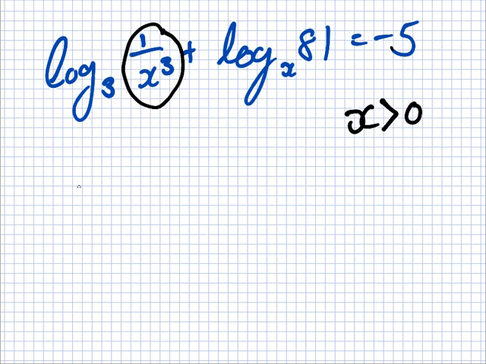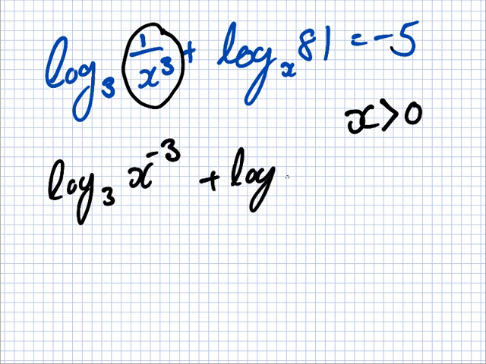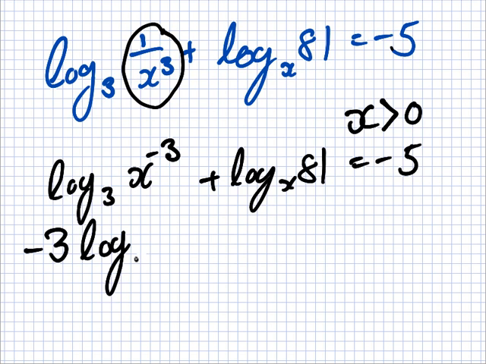So the first thing I'll do is change that x cubed to x to the minus 3. Next, I think I will bring down that minus 3. Are we okay with that?